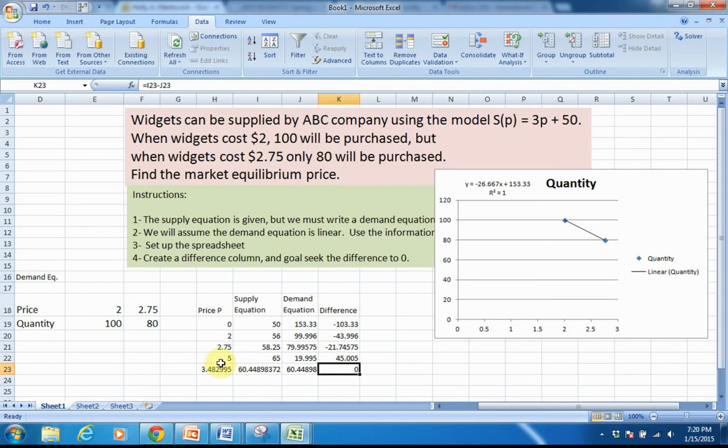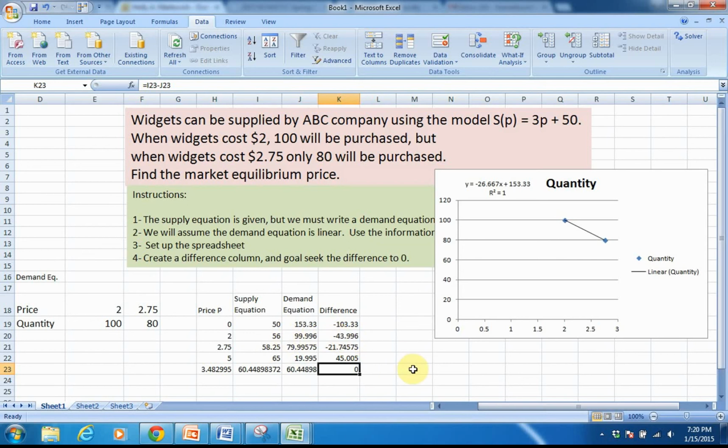At a price of $5, 65 can be supplied, but only maybe 20 are demanded, which gives us a surplus. But if you look at these values up here, at a price of $2, only 56 can be supplied, but close to 100 are demanded, so that leaves us a shortage.